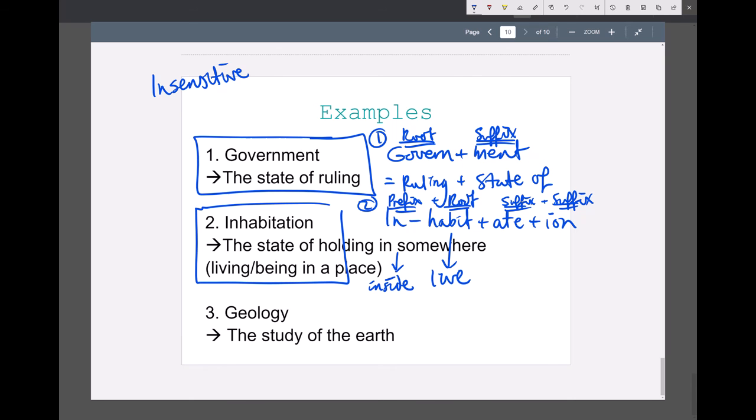So this is a different prefix, even though it spells the same. So this means not sensitive. This is one kind of in, and this is a different kind of in. So this is living inside, the state of.